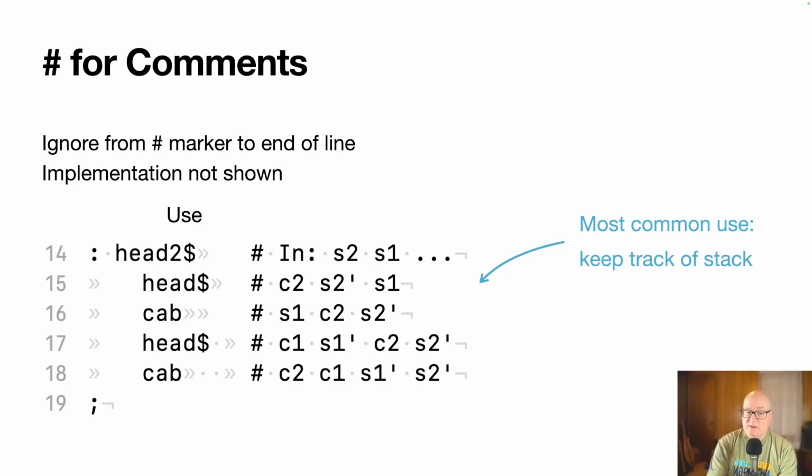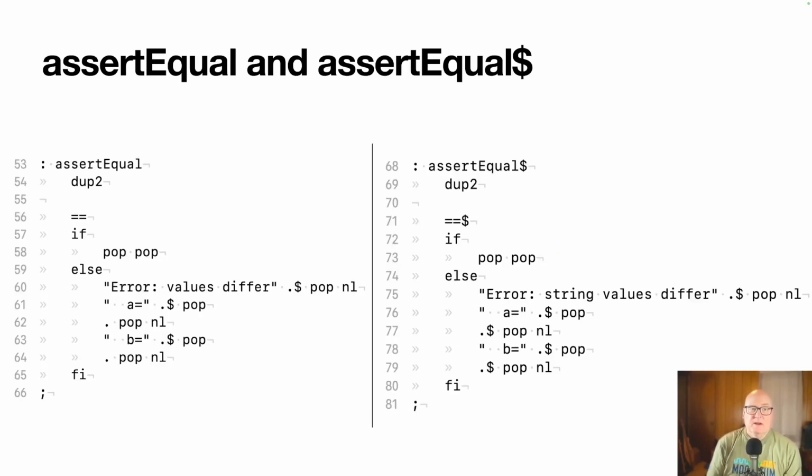Now the front 2 characters of each string are on front, followed by the rest of the strings. If you consume those front 2 characters and come back into head 2, you'd be able to move forward with the next characters again. So this keeping track of the stack is very, very common. The other big usage is headers for the routines to tell what's the input and output effect.